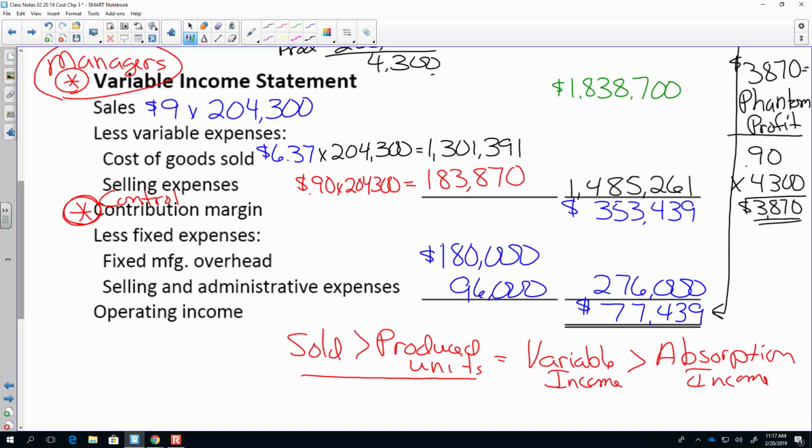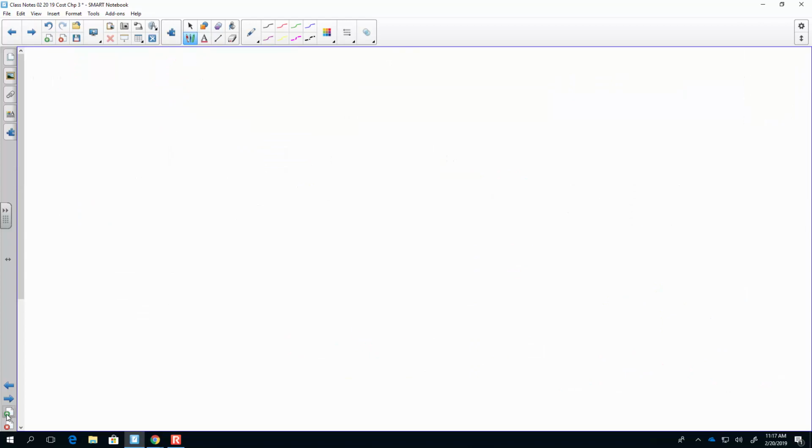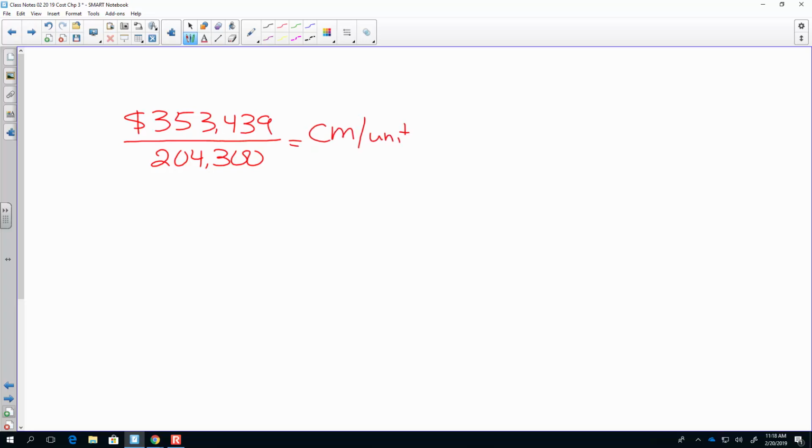So in reality, if I take this 353,439 and divide by the units sold, because that's how we got to that number, I come up with a contribution margin per unit. That's what they key in on. Every month they can look at that margin per unit and see if they're doing better or not so well.